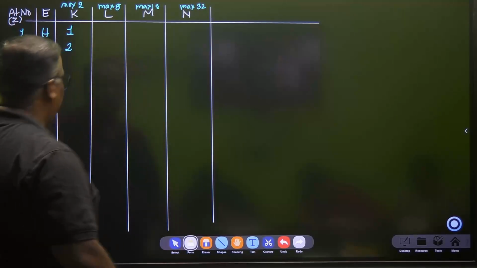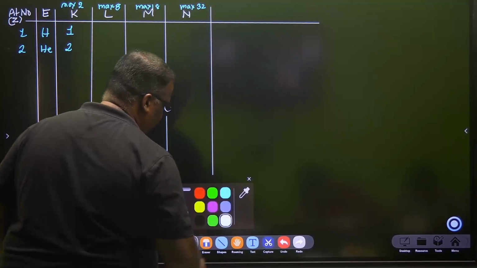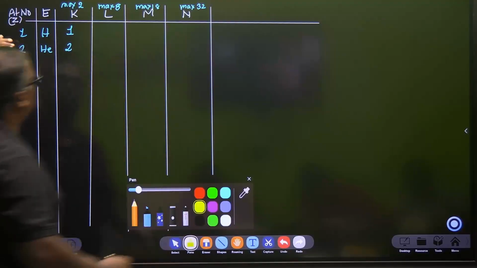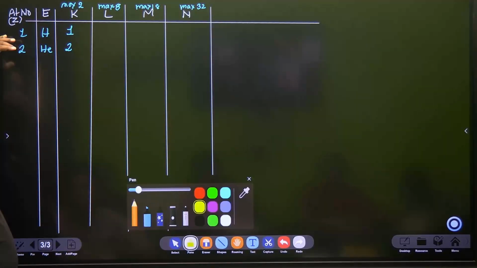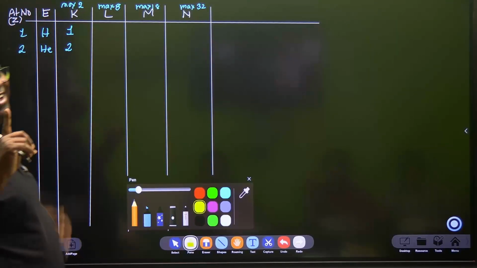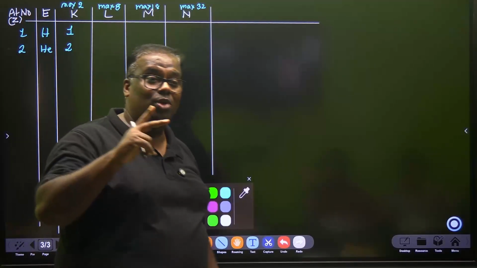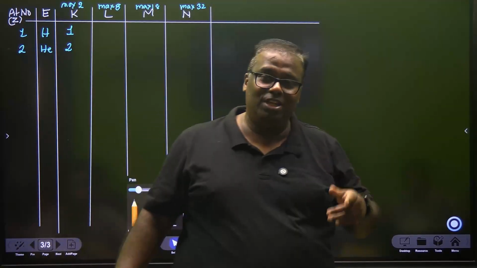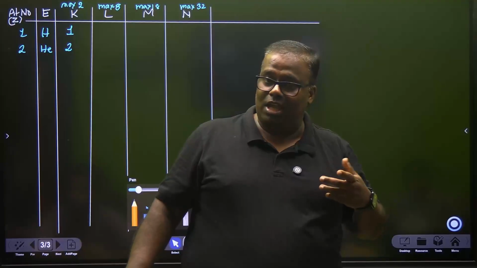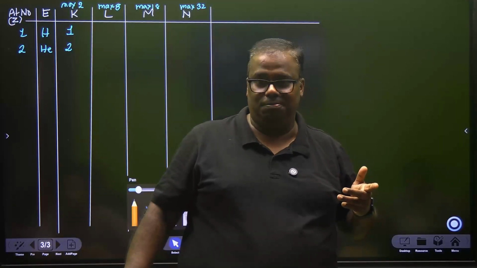Fine. My period 1 is over. If you look into your periodic table, period 1 is over. In period 1, orbit occupied is only 1. This is a logic. Now we are going to period 2. The element that starts period 2 is lithium.